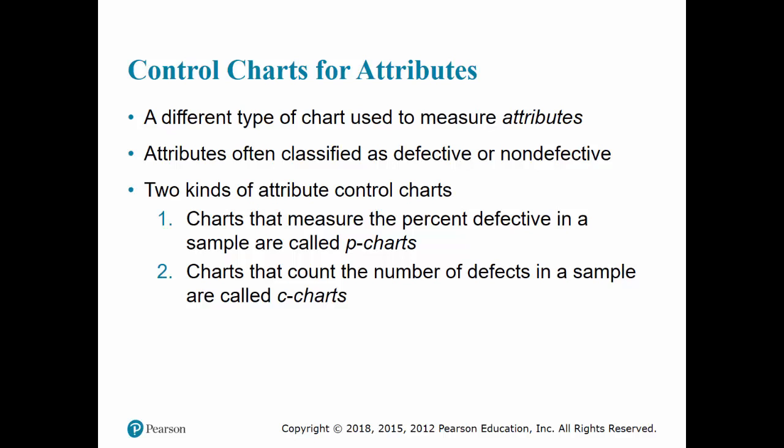Take a cable and count how many blemishes there are in the cable, or things like that. So count as opposed to proportion. The formulas are fairly straightforward, very straightforward, I would say, and the key is in determining which chart is appropriate when.